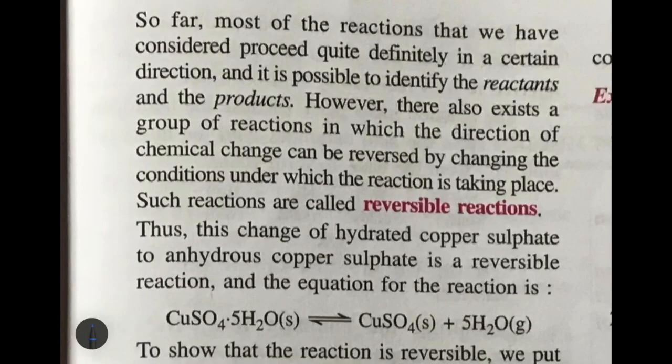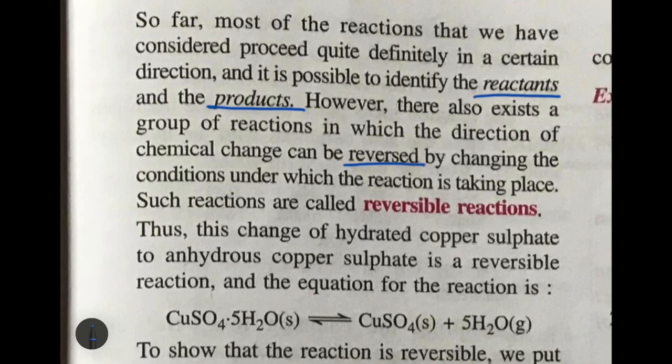Okay, so till now, whatever reactions we talked about took place in one direction. So it was easy for us to tell which are the reactants and which are the products. Now, there are certain groups of reactions where the direction of chemical change can be reversed.